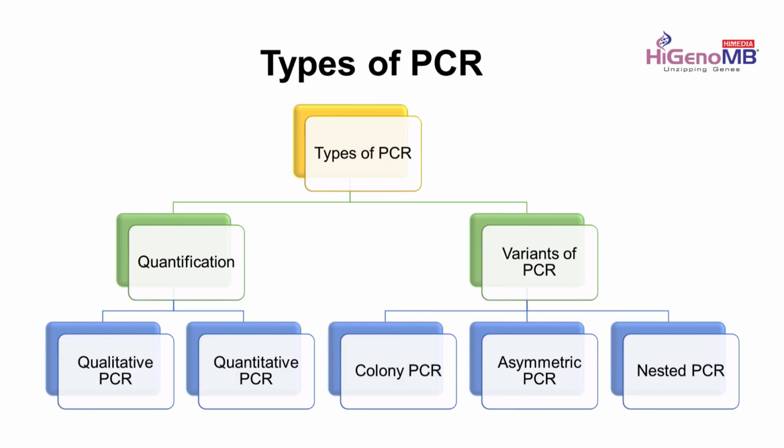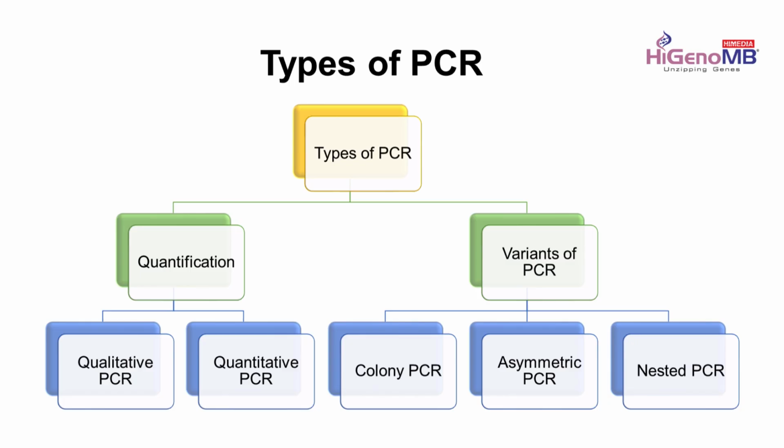And there is another PCR called asymmetric PCR, where instead of using 2 primers, you use only a single primer, so at the end of the PCR you will be multiplying only a single strand of DNA. Where is it useful?